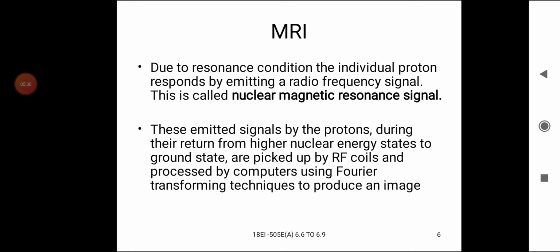These signals emitted by the protons during the return from the higher nuclear energy states to the ground state are picked up by RF coils, that is radio frequency coils, and processed by computers using Fourier transforming techniques to produce an image.